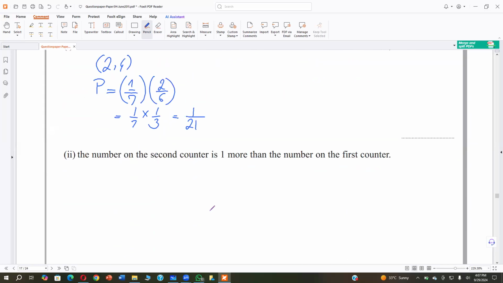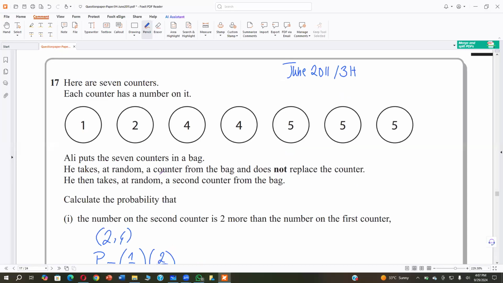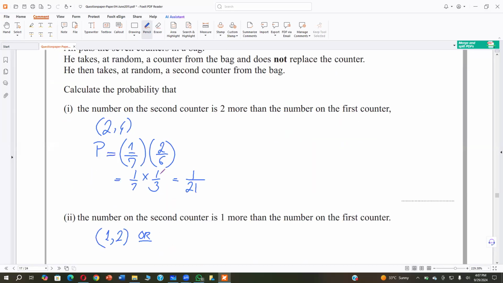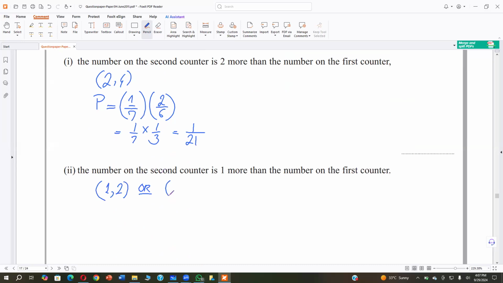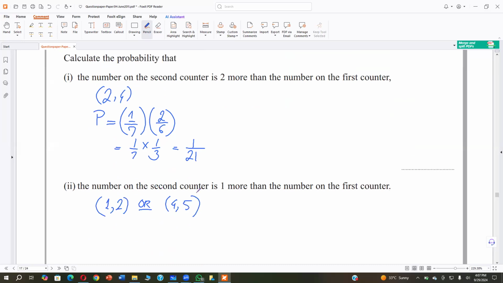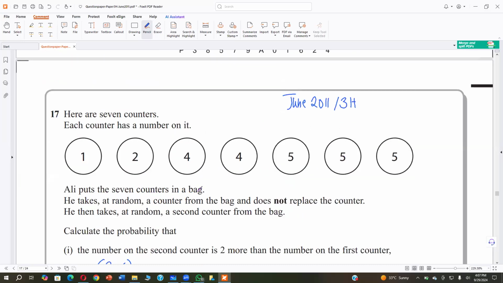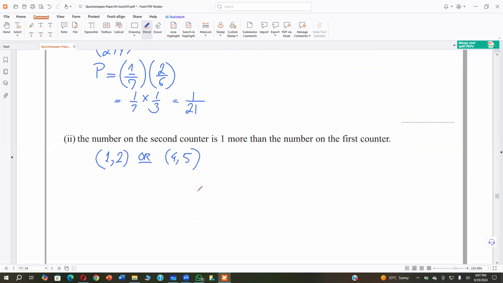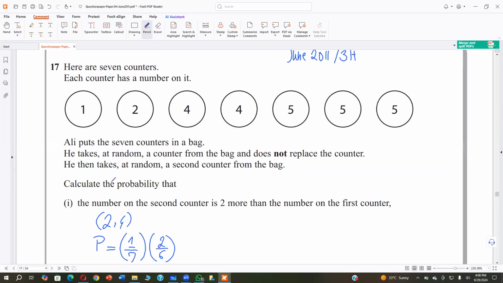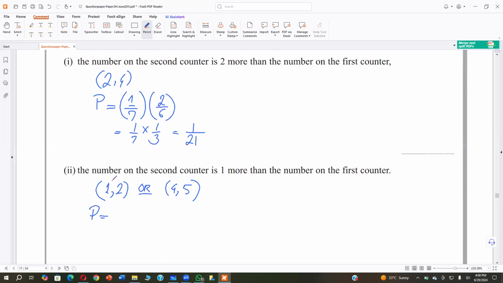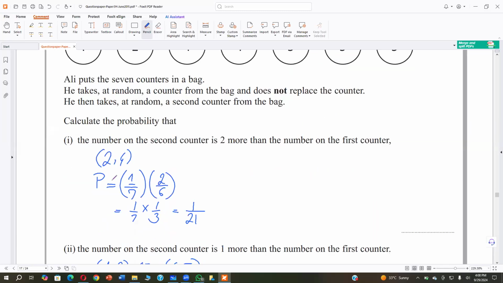And what other options are there? 1 comma 2, or 4 comma 5. There is only one counter with 1, and there is one counter for 2 also.